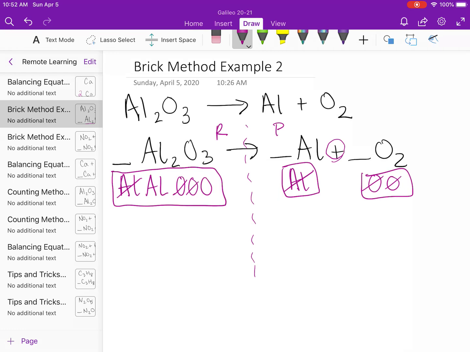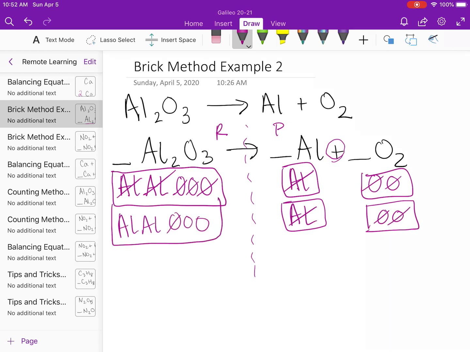Okay, so let's go ahead and balance this. I notice there's an extra aluminum or Al on the left side, so I'm going to need an extra brick on the right side. Now, I still have an extra oxygen on the left side, so I'm going to have to draw an oxygen on the right side. I wish I could draw one, but I can't. I have to draw an entire brick. Now I don't have enough oxygens on the left side, and I can't just add one. I have to add an entire brick.